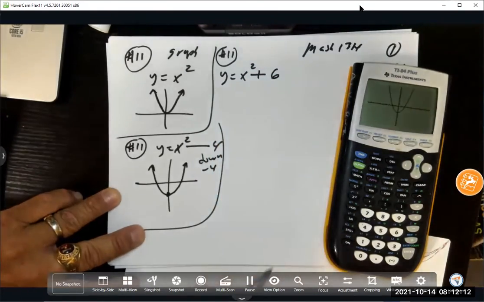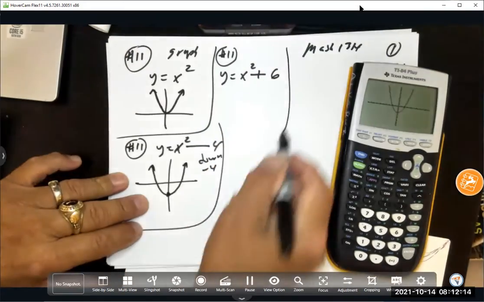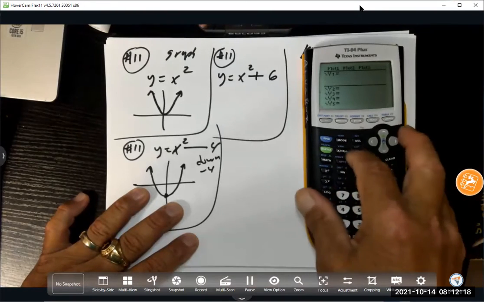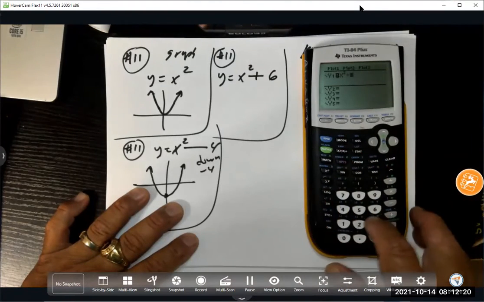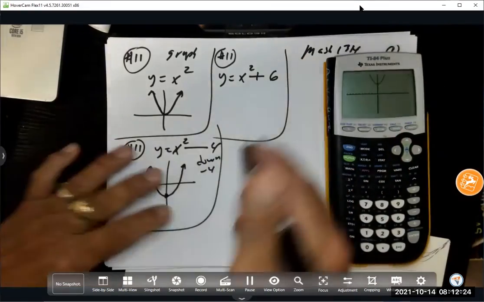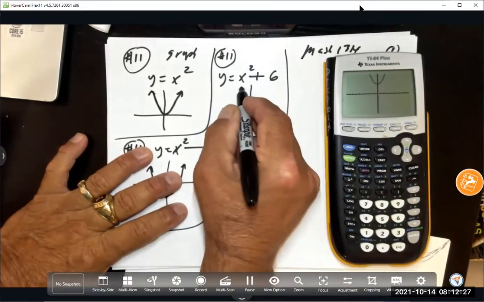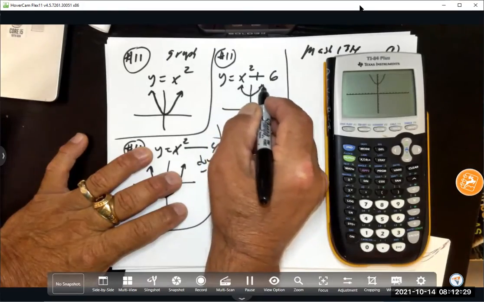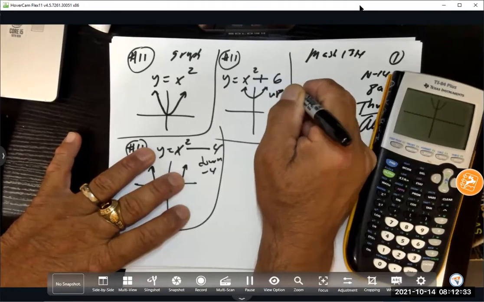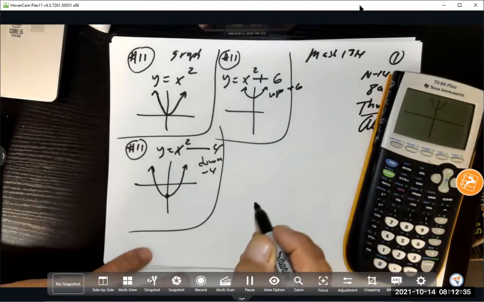Put that in the machine. Y clear, x squared plus 6, graph. It goes way up there. So this one went up plus 6.